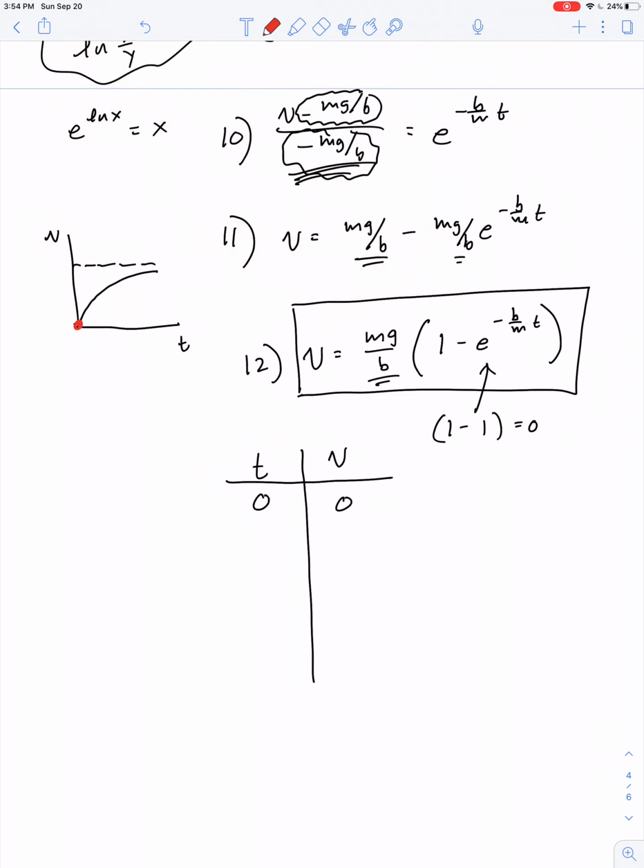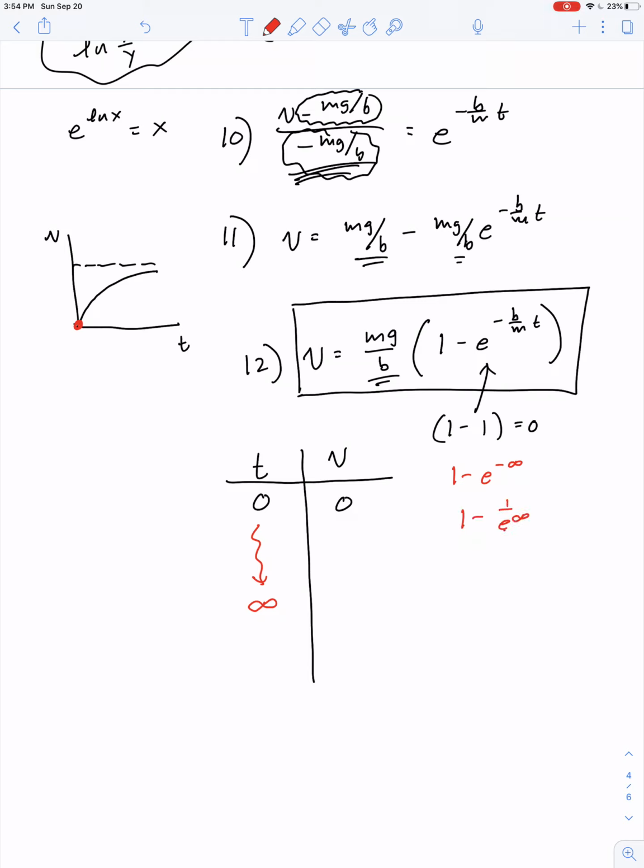Okay, then, well, I'm going to fast forward here. I'm going to jump to a very large value for t. We'll imagine a value of time approaching infinity. Okay, in that case, now we have 1 minus e to the negative infinite value. E to the negative large value is the same thing as 1 over e to the very large value.